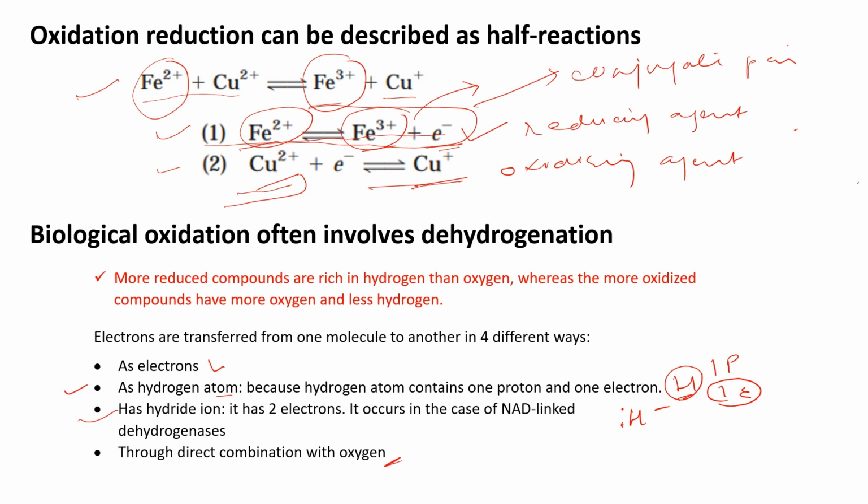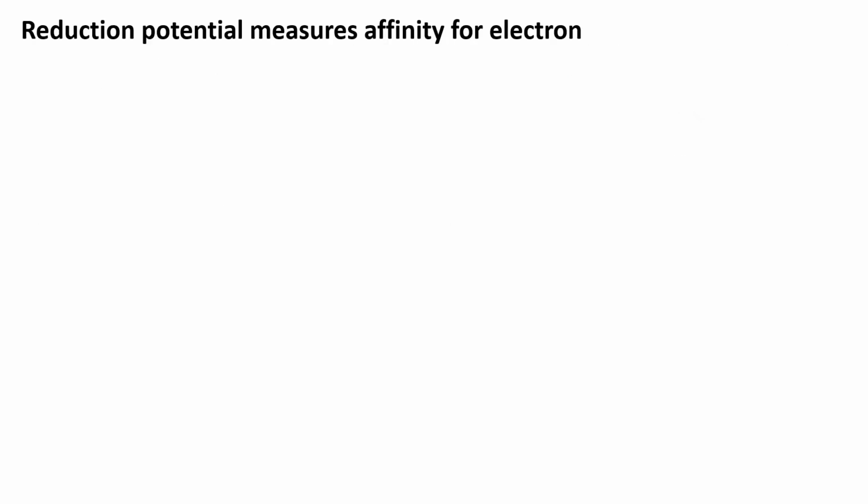Clear? So these are the four different ways by which electrons can be transferred from one compound to another. The compound from which the electrons or hydrogen are removed becomes oxidized. The compound to which hydrogen or electrons are added gets reduced. Reduction potential measures affinity for electrons. Say compound 1 is donating an electron to compound 2.